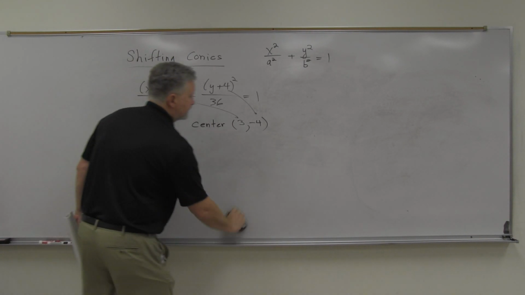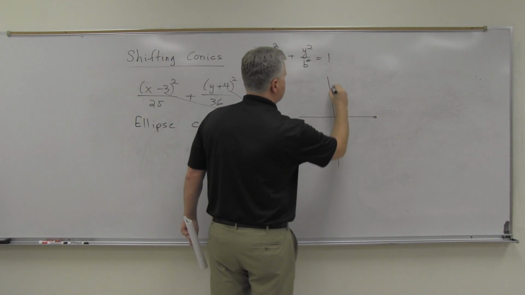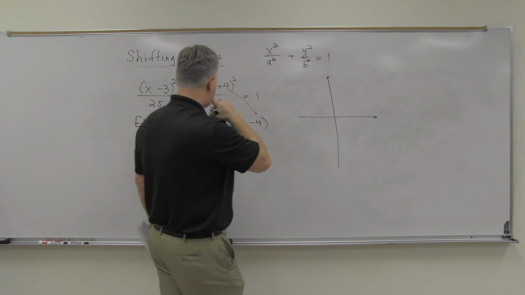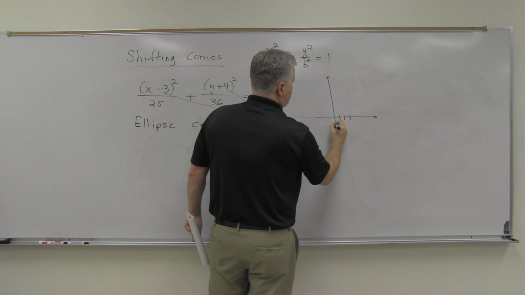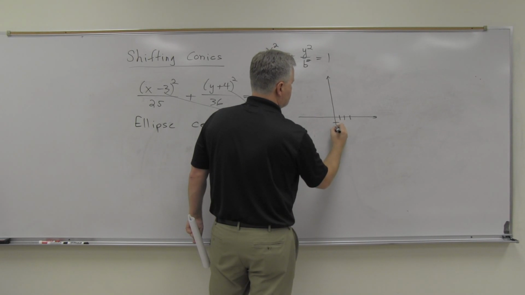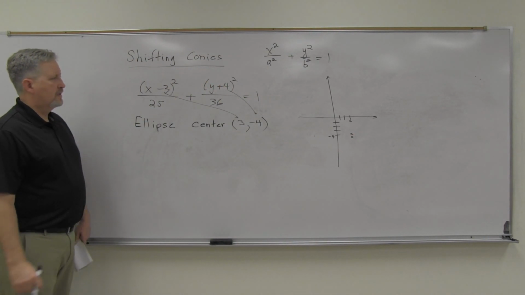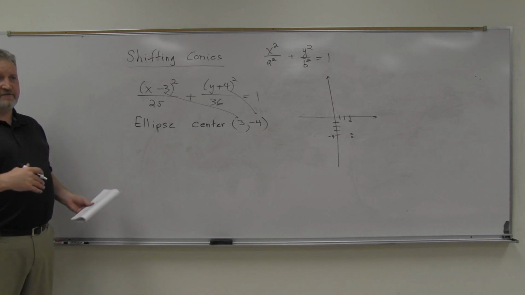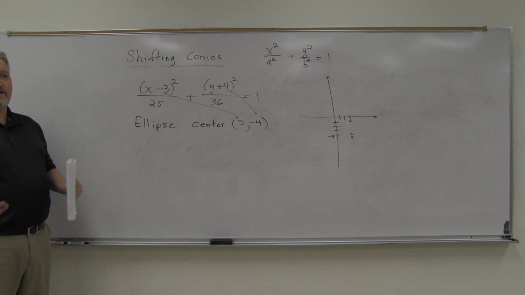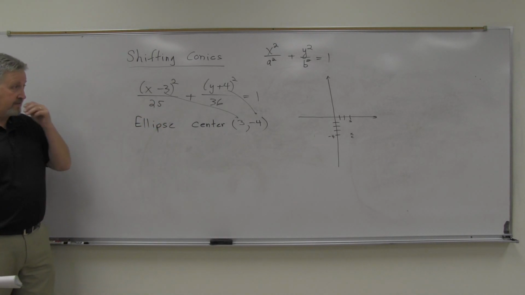Let's just go over here. So we go out to 3 and negative 4 from the center. Well, if you remember, when we graphed the ellipses before, we went out in the x direction and the y direction the appropriate amount.